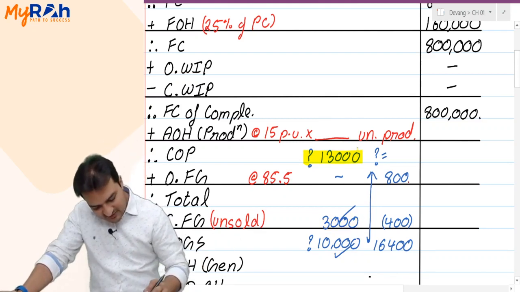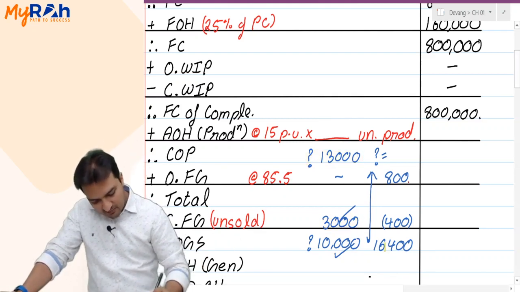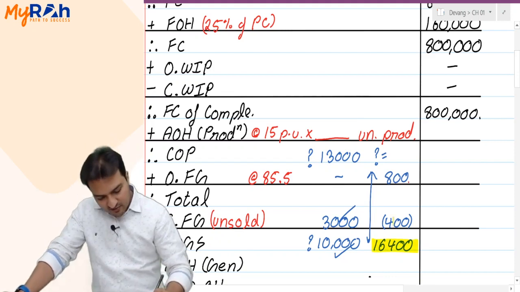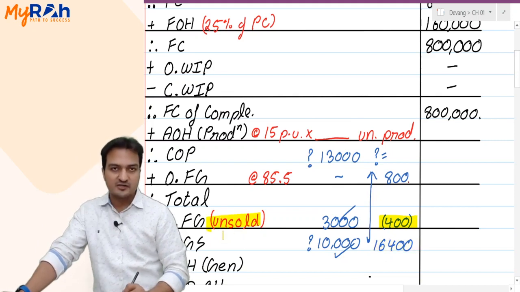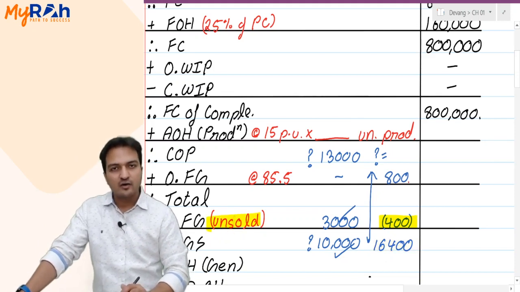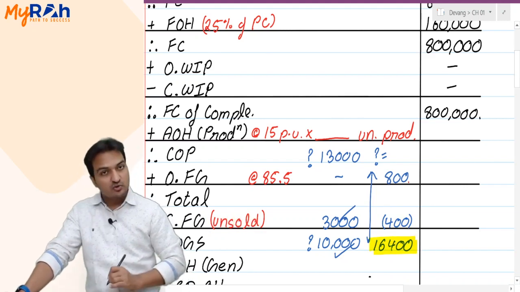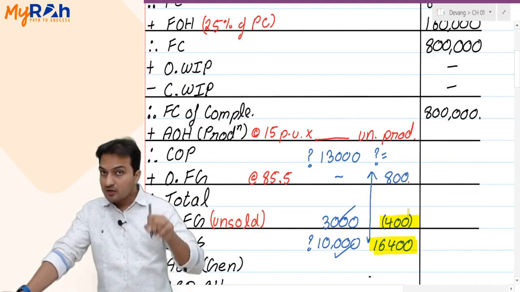Well, that is exactly what I will do over here. My sold units this time is 16,400. 400 units here is unsold units. What will I do? Add or deduct? Yes, it will be added. 16,400 sold units, 400 unsold units.